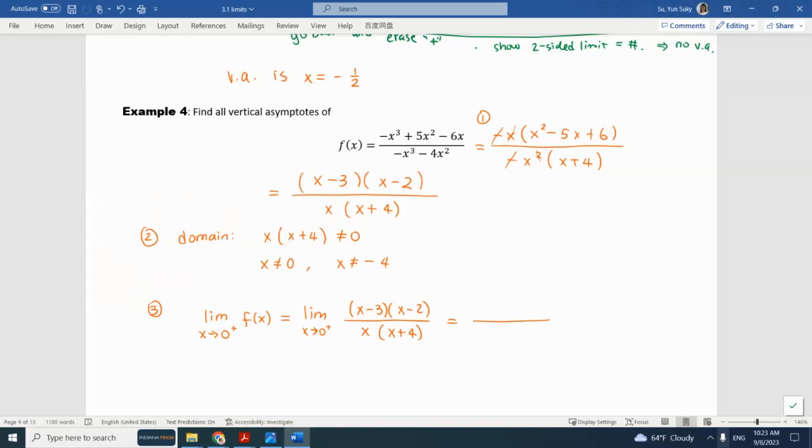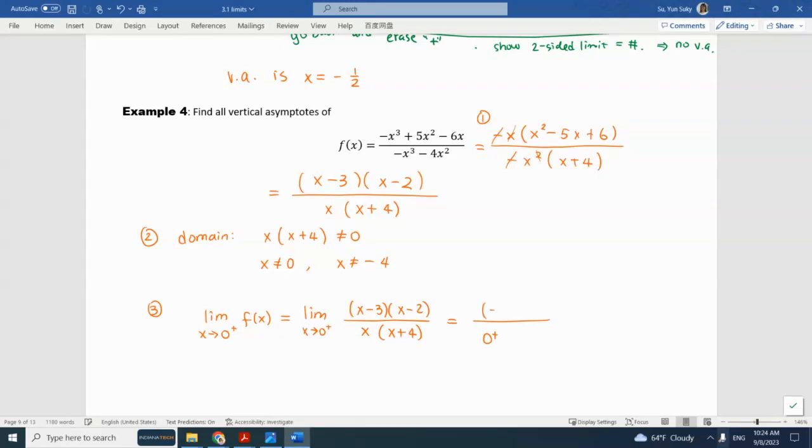If x goes to -4 from the right, it corresponds to the factor x plus 4. So you look at that factor first. Replace the x by 0 plus, and then for the other factors, you plug in x is 0. Okay, everybody?